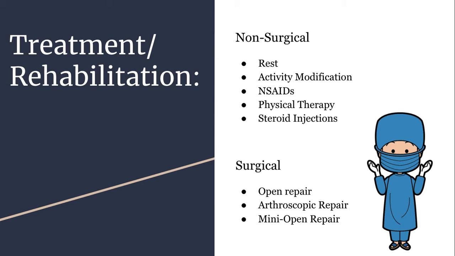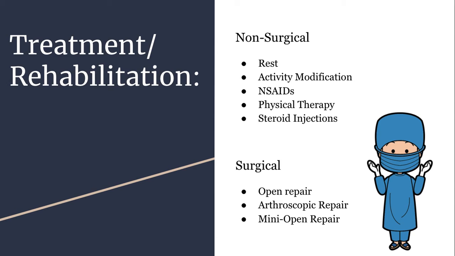So normally people go the non-surgical route when treating a rotator cuff tear, and for this they just have a lot of rest, modify their activity, have pain relieving medication like NSAIDs.